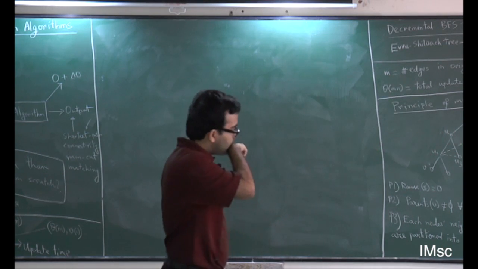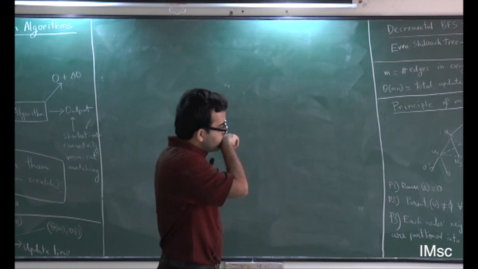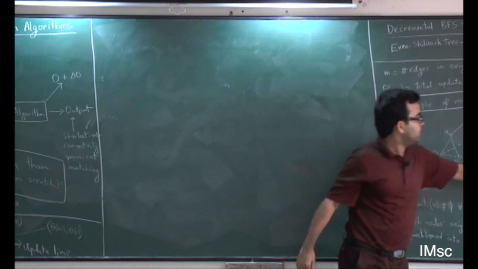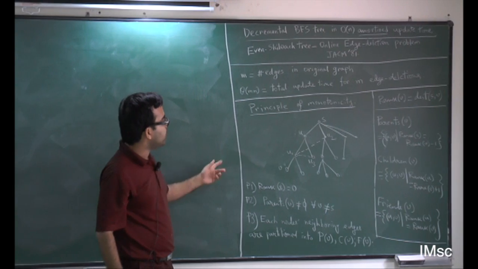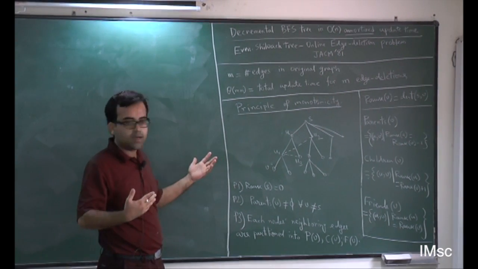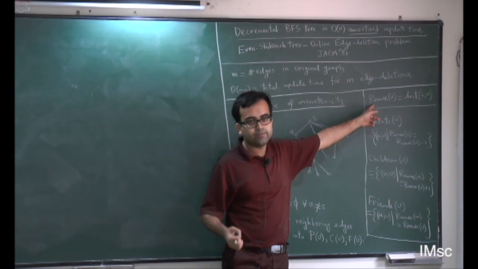Now, you may ask, these are the data structures and these are the invariants that the data structure is satisfying. How will you answer a query? When a query comes, you just return the rank of that node.